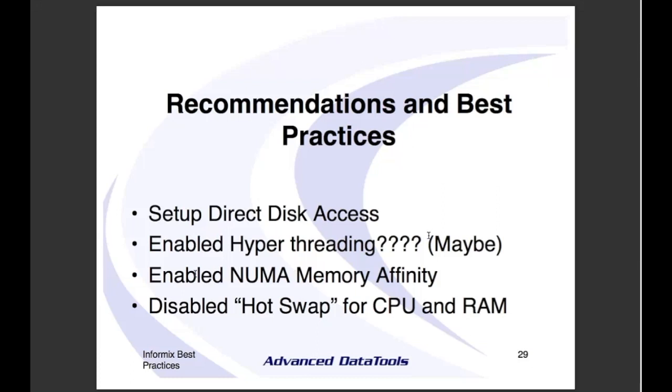Everybody seems to agree enabling NUMA and memory affinity is better for your production systems. And you want to disable the hot swap of CPU and RAM. You don't want the RAM and the CPUs you're using to be moving around on your big VM box. You want them allocated to one set of places.